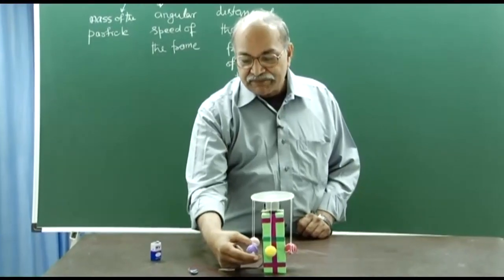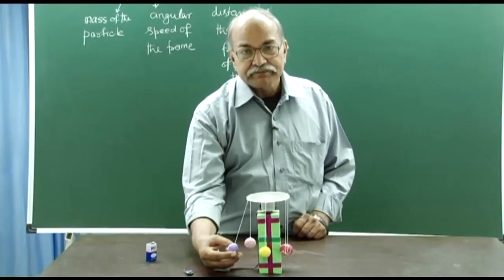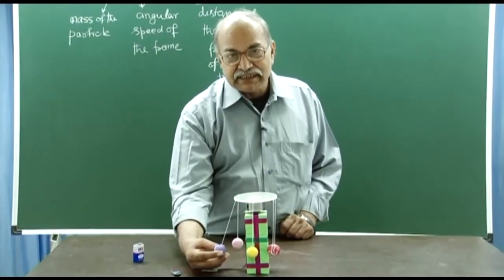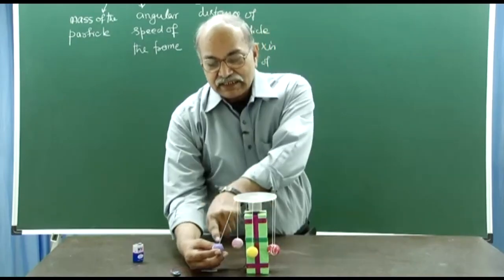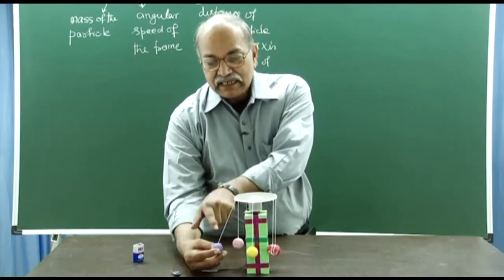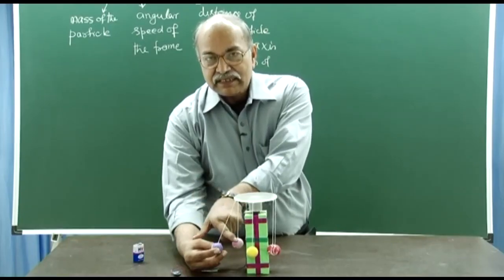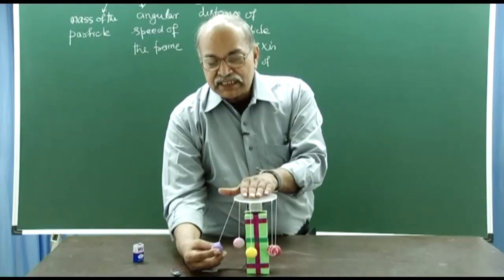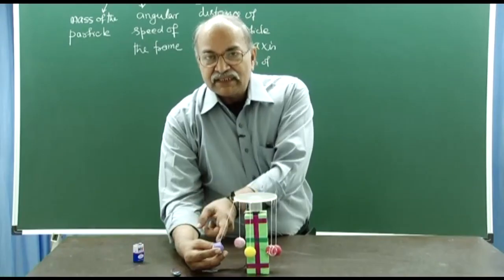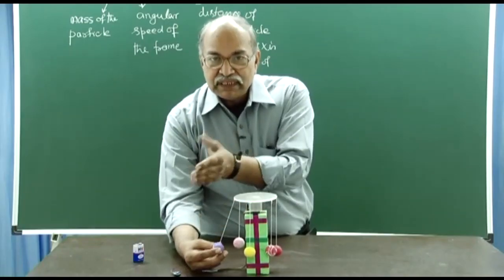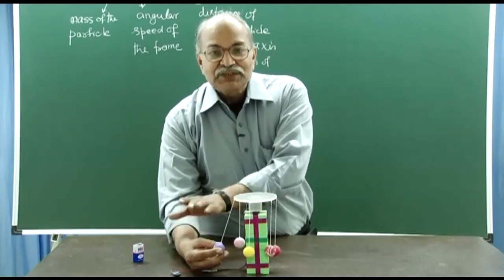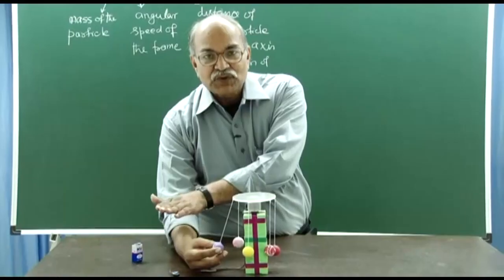So, if the ball goes in this direction, the string becomes slant, it makes some angle with the vertical, and therefore, this tension will have a component in vertical direction and a component in horizontal direction. Now, if this tension is high, which it is, the vertical component is more than the weight, that takes it up, and the horizontal component is less than the centrifugal force. So, that resultant takes it outward.